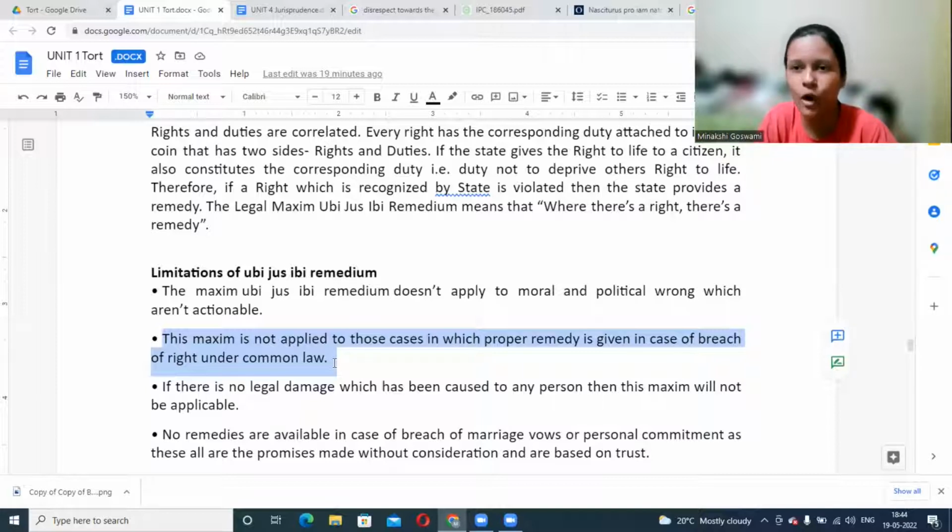With the help of common law, case laws and different judicial precedents, things have developed. In such cases, we need to see what the precedent was, what the court has recognized, or what a certain case law has recognized, and based on that we look at the remedy. It might not be written somewhere properly that this is a right and this is a remedy, but it's understood from the judgments and previous decisions that exist for it.